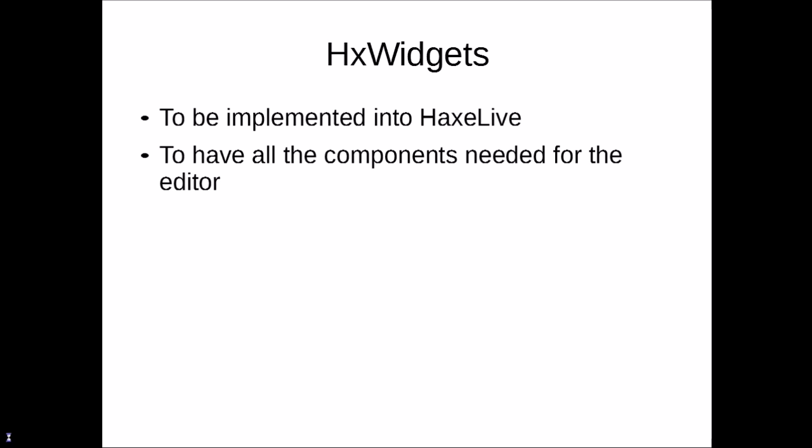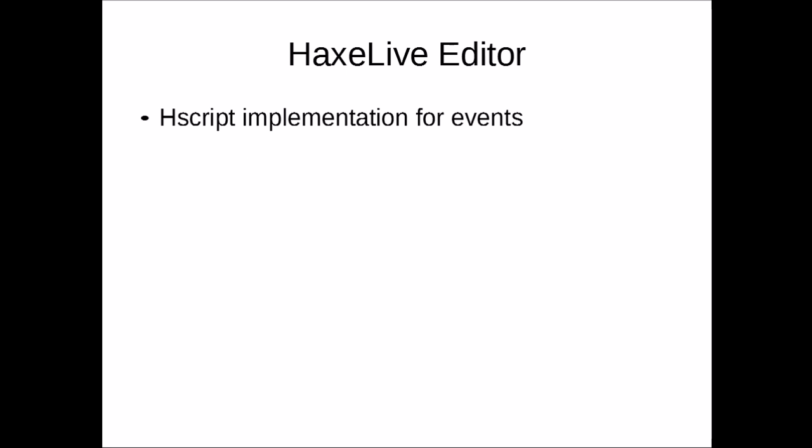One of the biggest additions to using HaxeWidgets is that it's mainly just an extern for wxWidgets, as you may be aware, and it's just simply using the specific controls that I need for the HaxeLive editor. And one of those controls, the styled text control, would be a huge help, which would provide syntax highlighting for specific things to make code look easier to read.